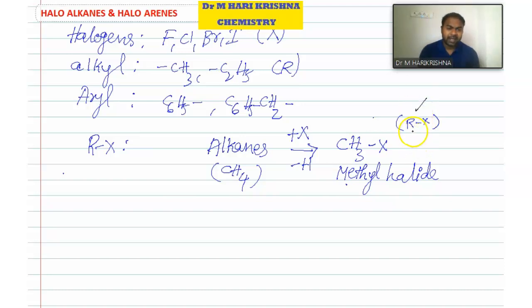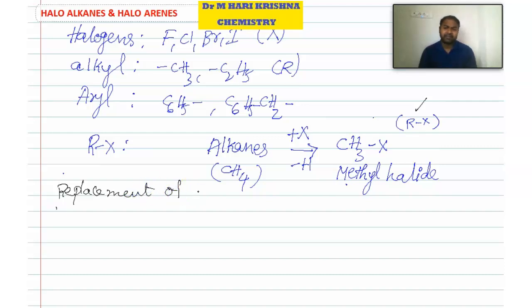How does RX arise? In alkanes, one hydrogen is removed and one halogen is added. That means replacement of one hydrogen by halogen gives the haloalkanes. So here we will write the definition, students.